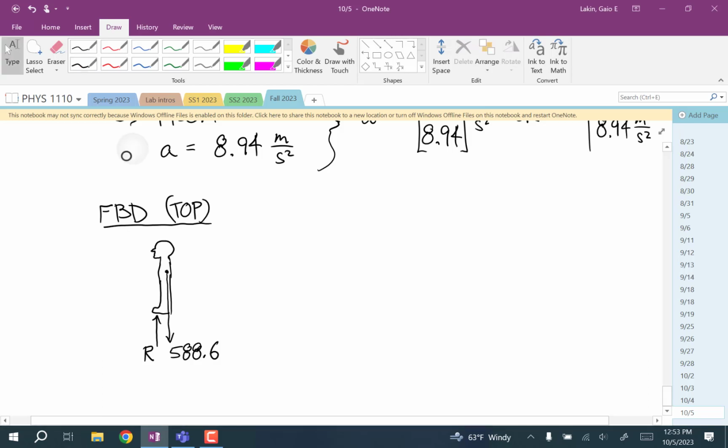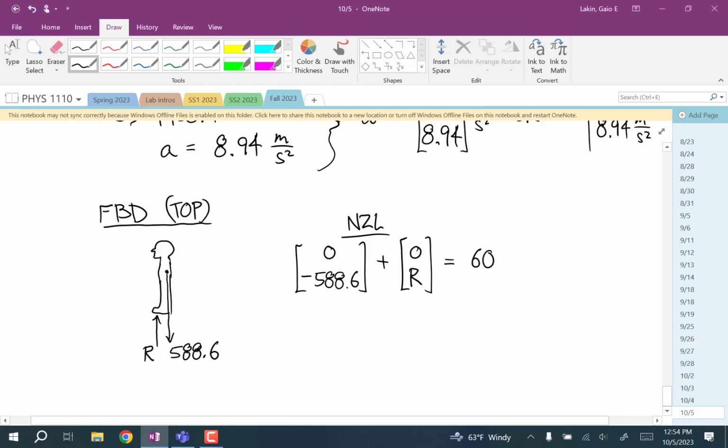So now Newton's second law says 0, negative 588.6 plus 0, positive R is equal to the mass, 60 kilograms, times the acceleration that we just calculated, 8.94.